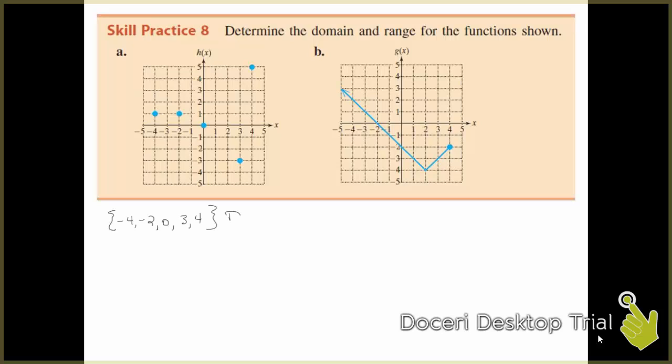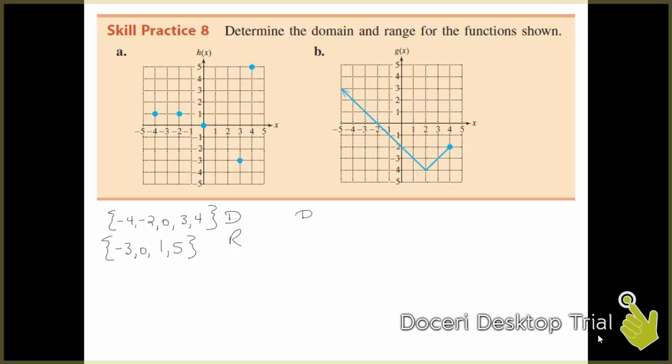Okay, that's your domain. Your range is going to be at -3, 0, 1, and 5. Now looking at B, we've got an endpoint, we've got negative infinity.